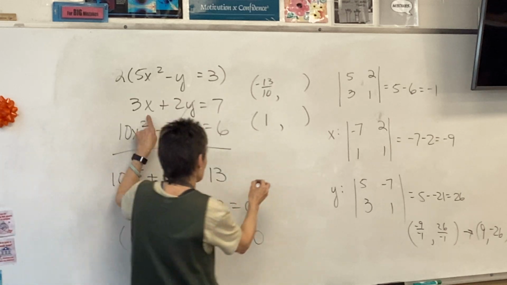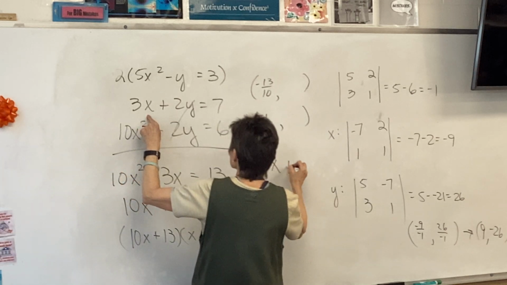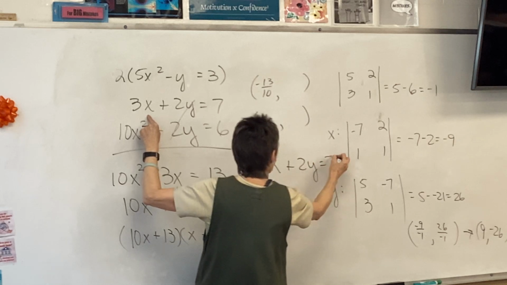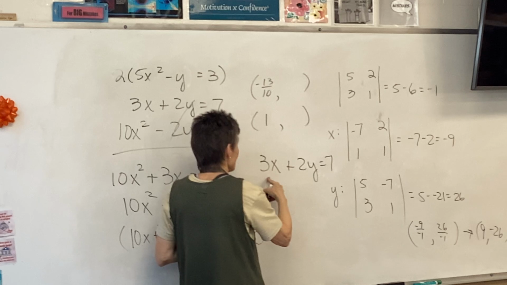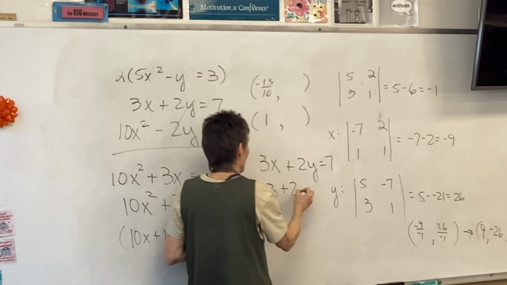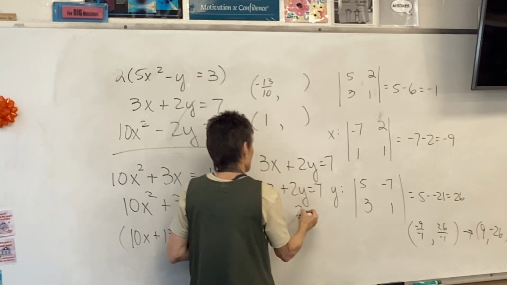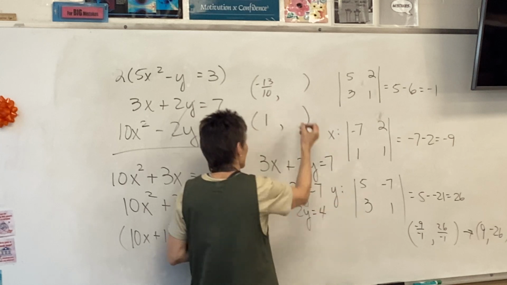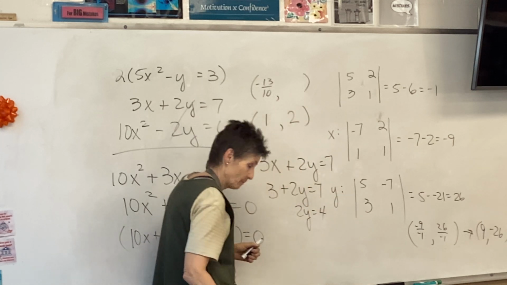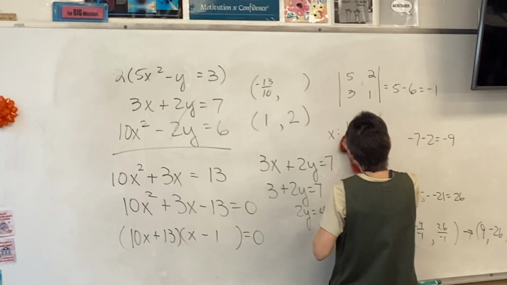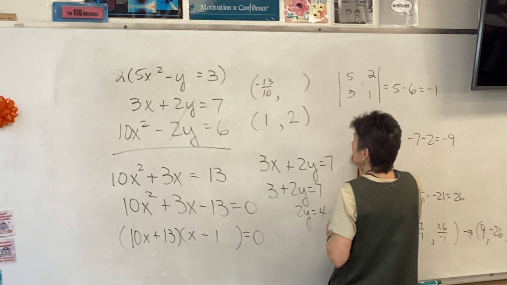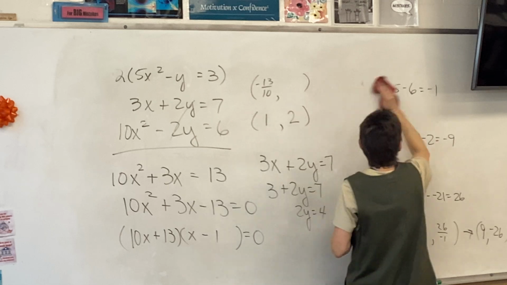I'm gonna go back to this equation. If I plug in 1, that will be the easiest one. If I plug in 1, it looks like y is gonna be 2. But then I gotta plug in negative 13 tenths.